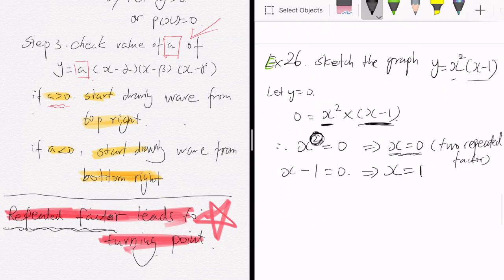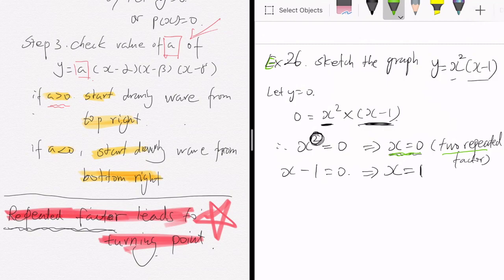If you don't get the idea, let me think of a different way to help you understand. How about this? Here's some extension for you to understand why this is. You probably think x equal to 0 is only one solution, so why do we have two solutions over here?